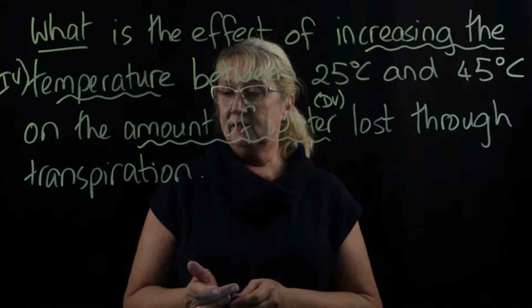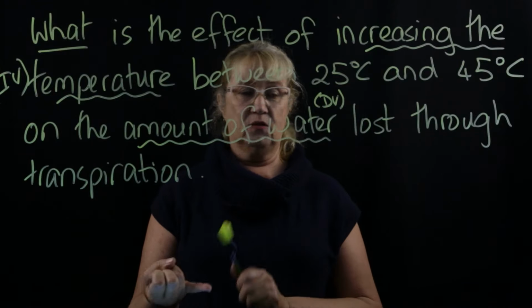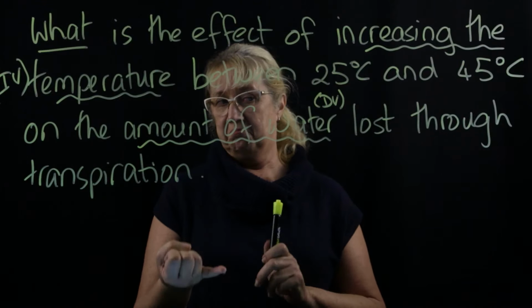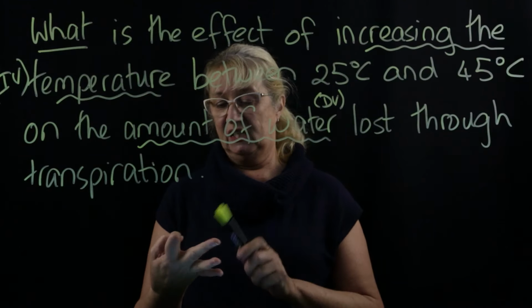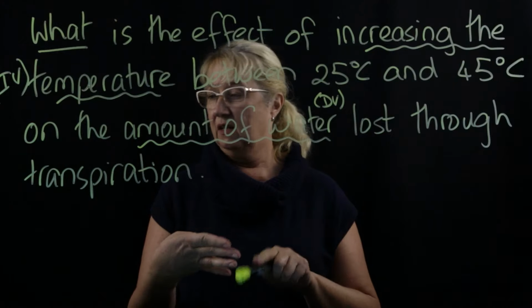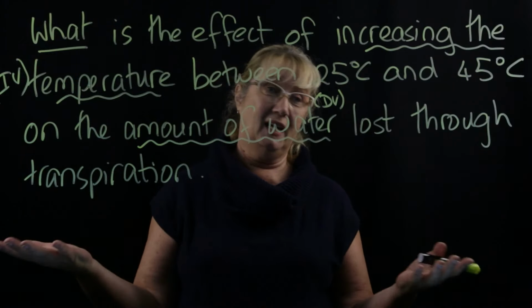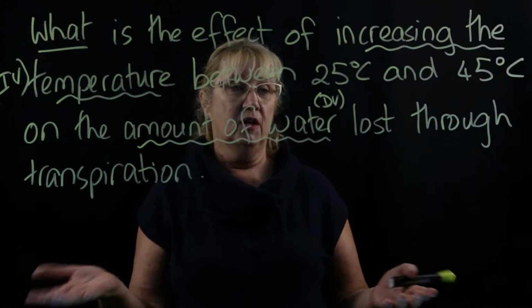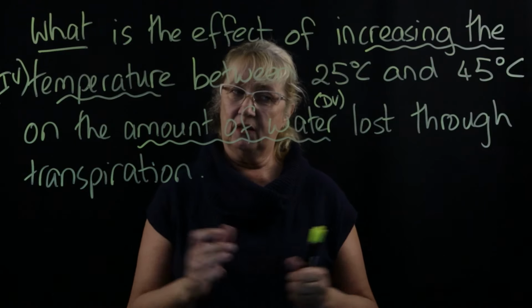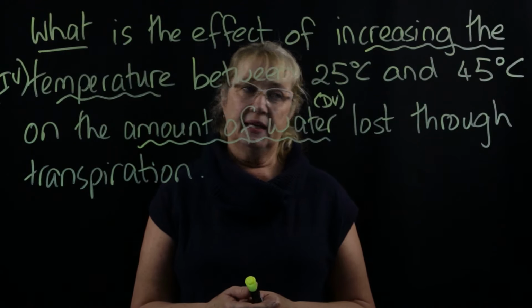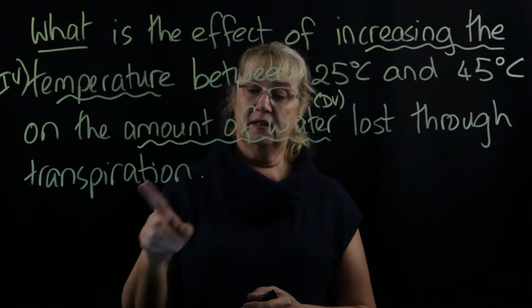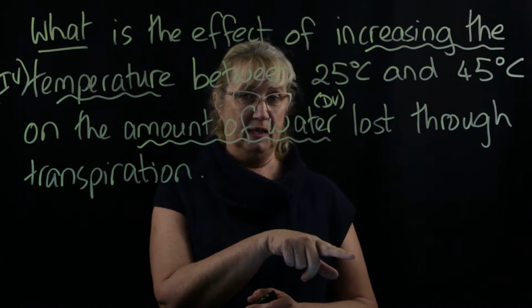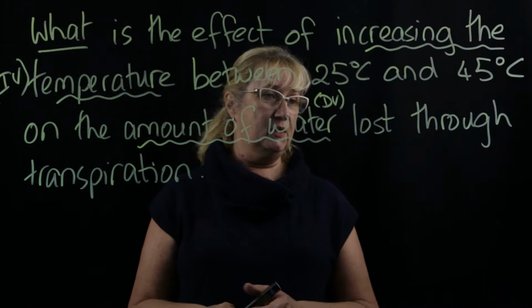So as it stands, I need to check the amount of water lost in banana trees, avocado trees, daisies, grass, basically every single plant on the face of the earth. Clearly I am not going to get through all that amount of work. So I'm going to have to make it a lot more specific, and I can do that by saying which type of plant I'm going to use.